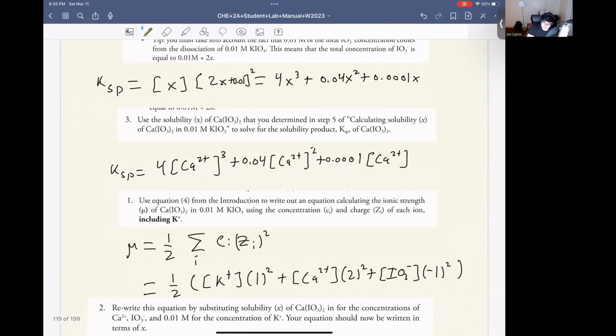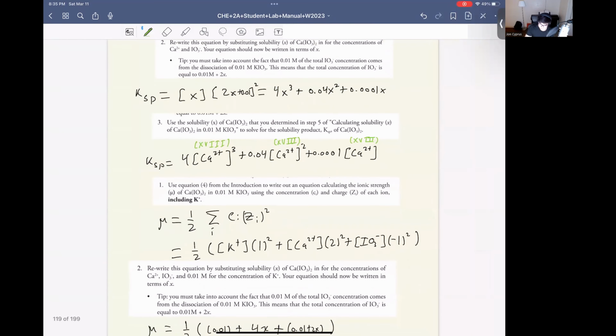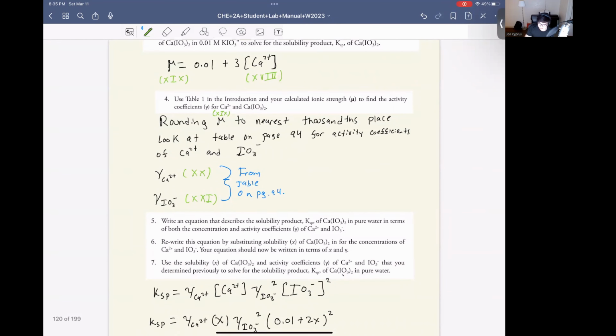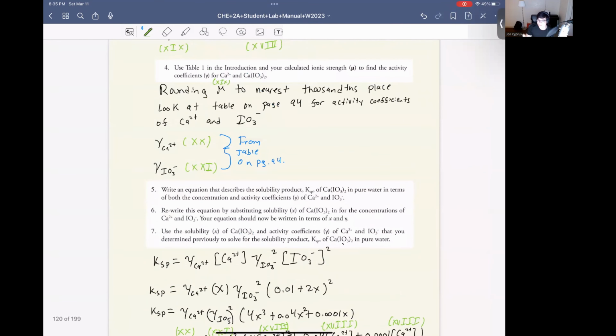And then over here, these labels are going to be X, V, I. This is the 18th label. All right. And that's it.